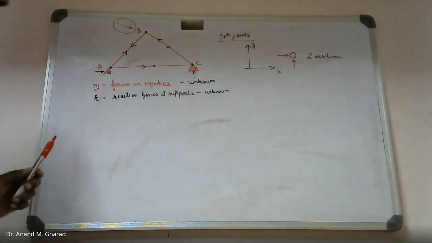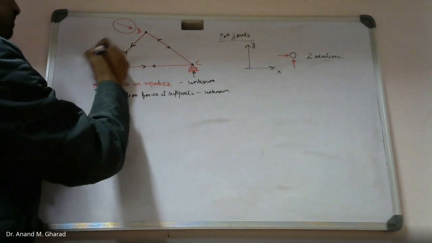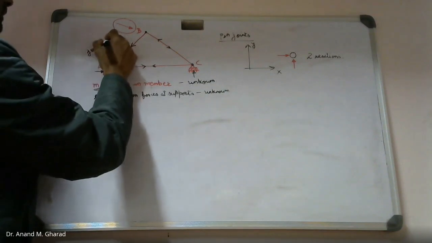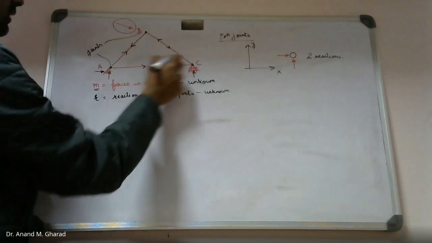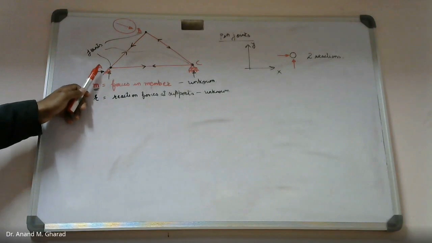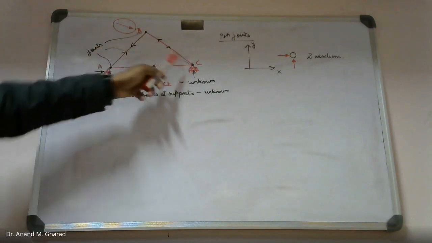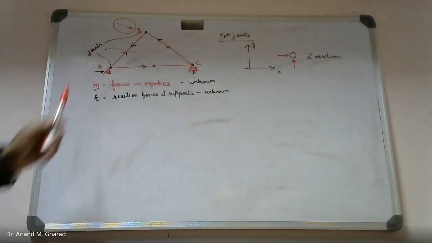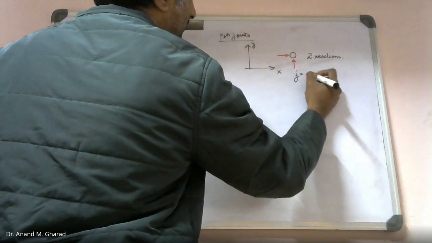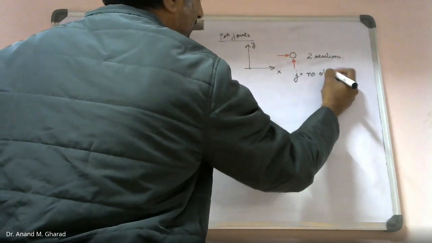And these are known as joints. This is joint A, this is joint B, and this is joint C. So these points A, B, and C are known as joints. So let me consider J to be the number of joints.